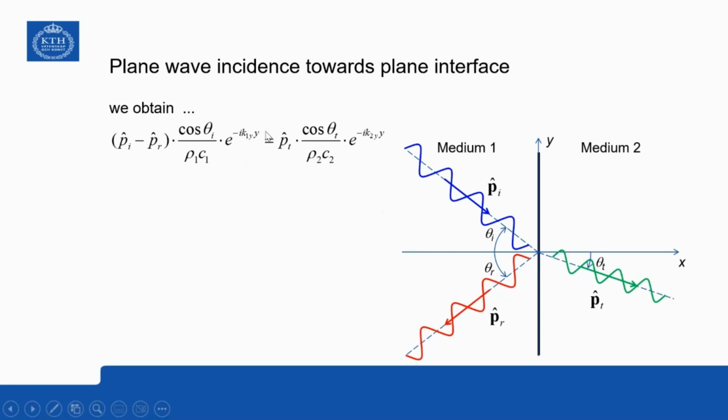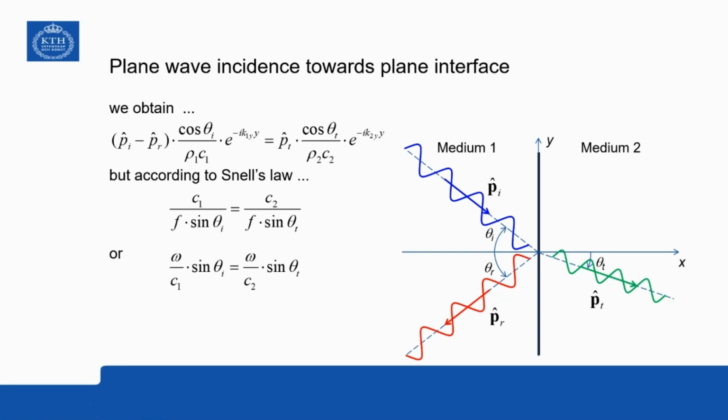So now we have this thing here, K1i and K2i. What are those? Well, according to Snell's law, we know that the incidence and transmitted angles must satisfy this condition. So this second one here is simply the inversion of these two times 2 pi, in order to replace the frequency here with the angular frequency omega.